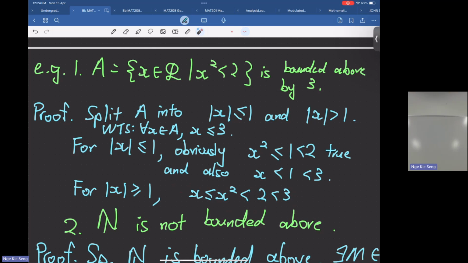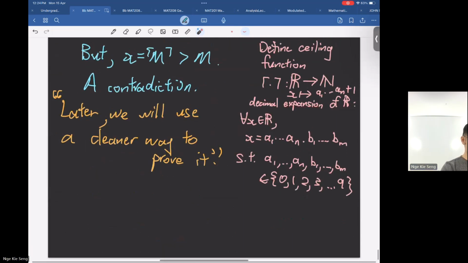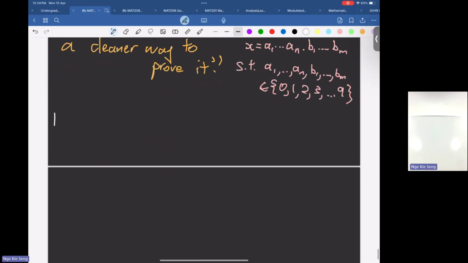So here we have a concept of least upper bound, the smallest one that can bound it. Let's introduce a new concept here: the least upper bound. Among all the upper bounds, there's the smallest one. We call it the least upper bound.